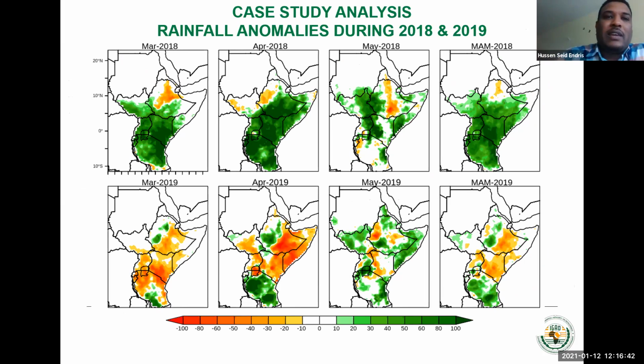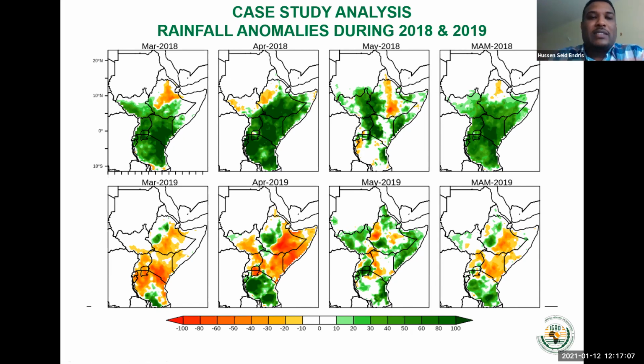What is driving that particular dry year and particular very wet year? For example, we look at 2018, as you know, March, April, May was very wet, and March, April, May 2019 was dry. This is the precipitation anomaly for different months, for March, for April, and May.